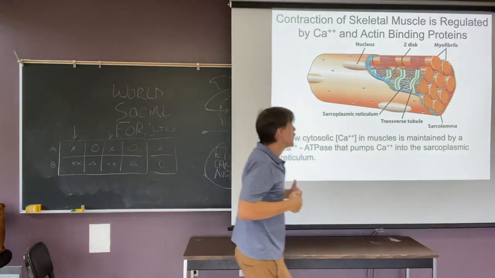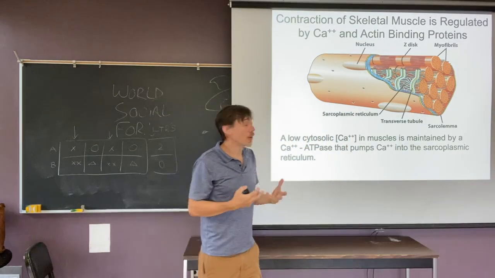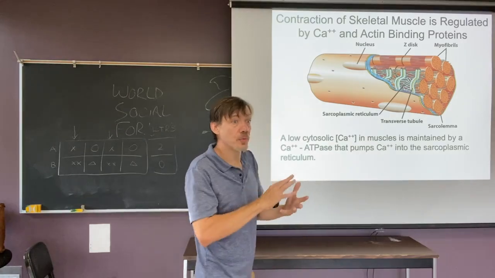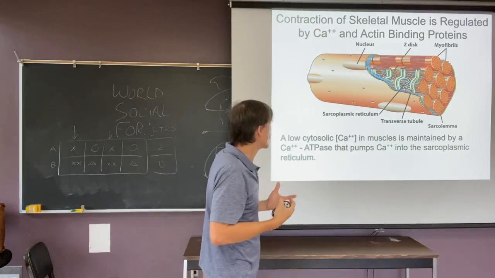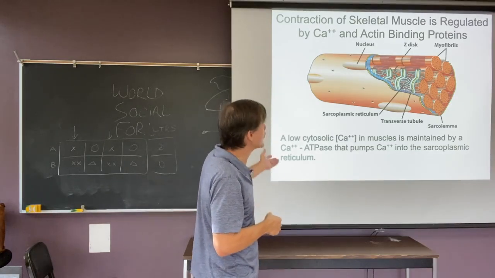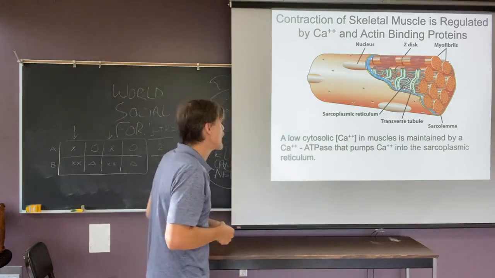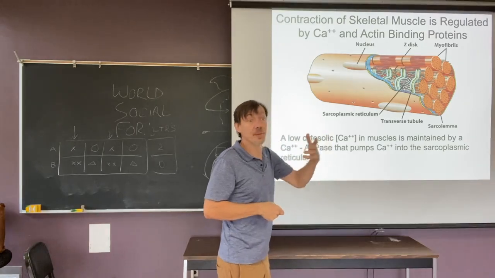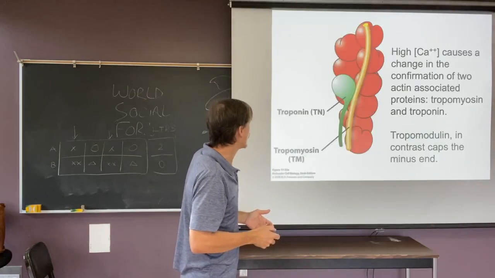What drives muscle contraction in our bodies is communication with a nerve cell that releases neurotransmitters, and it opens up channels that allow calcium to flood the interior of the cells, and then that high calcium activates muscle contraction.